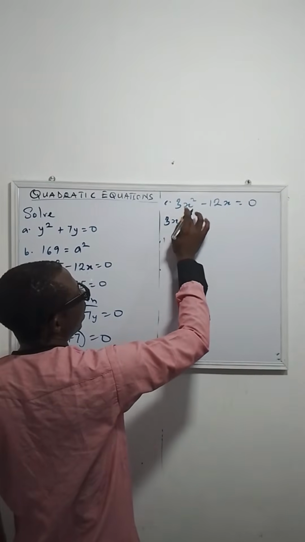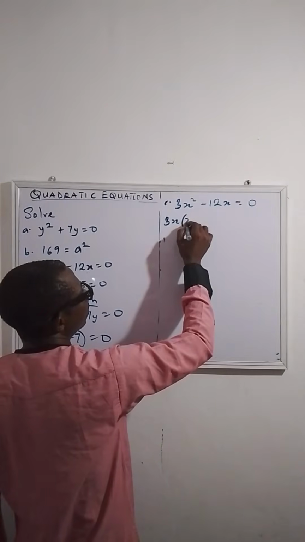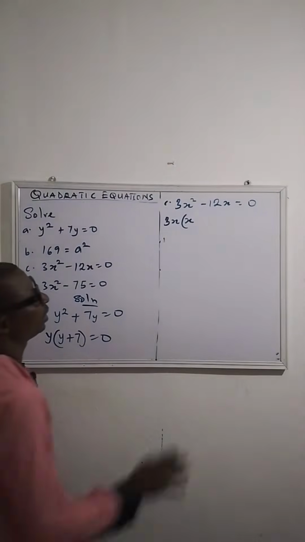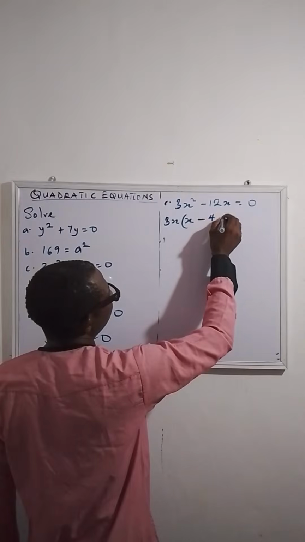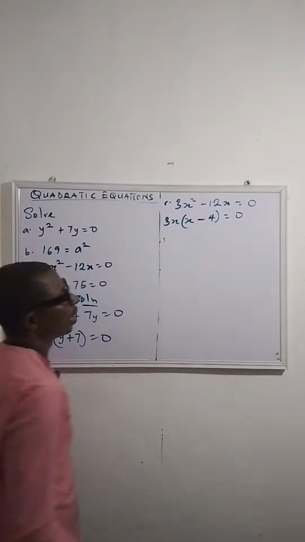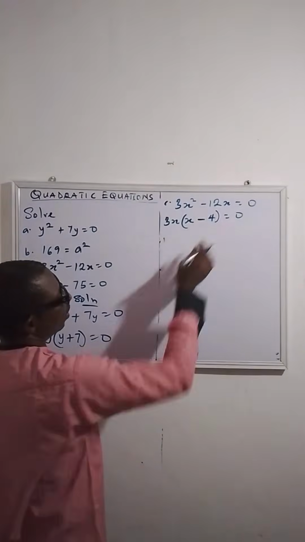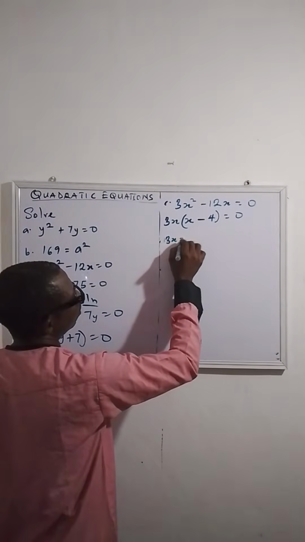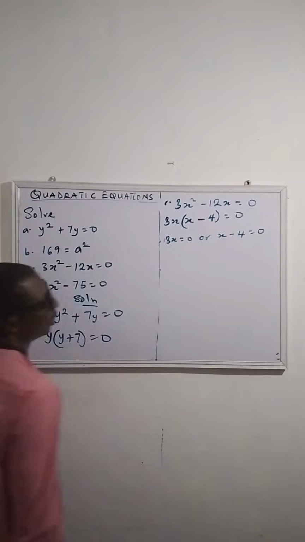When you divide this by 3x, we have x. Now this is going to be negative 4 equals 0. I hope you can see that. We now have two numbers multiplying each other to give 0. So it's either 3x equals 0 or x minus 4 equals 0.